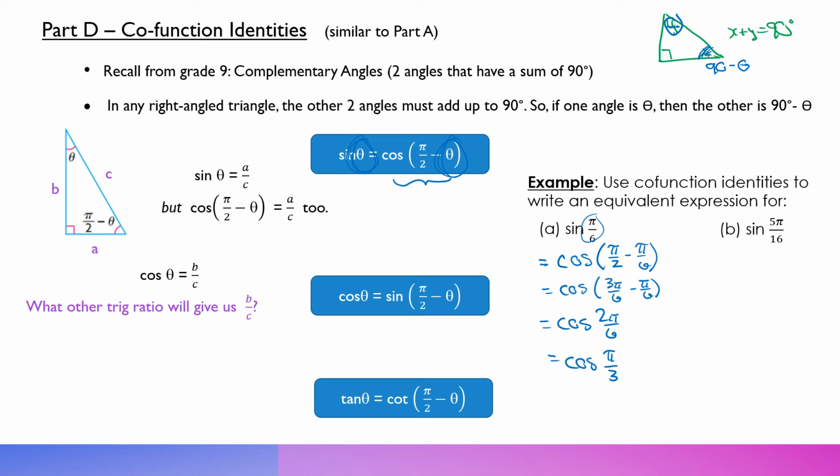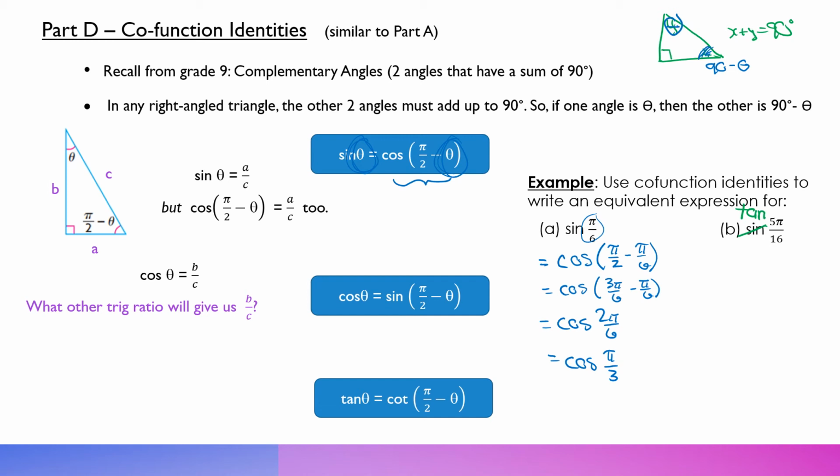The next one is sine of 5 pi over 16. So that denominator might be a little bit intimidating, but that's okay. I should have given you one that wasn't sine again, but that's okay. Actually, let's make that a tan. We already did a sine one, so let's make that one tan.